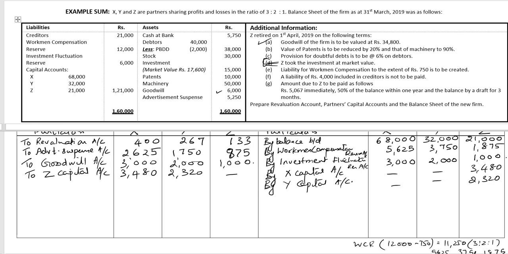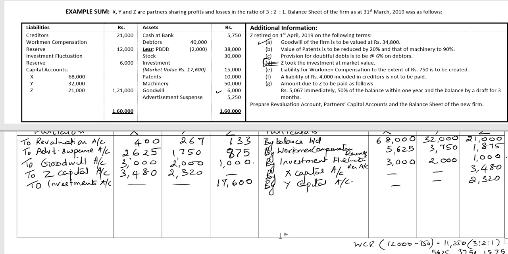Z took over the investments at market value. So we have investments account, Z takes over the investments of 17,600. All the items are done. We'll deal with point G, which is settlement of retiring partner.